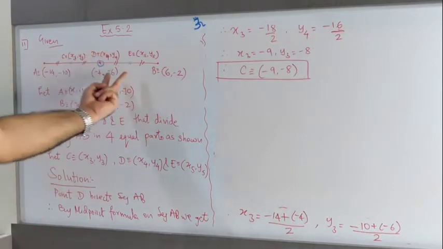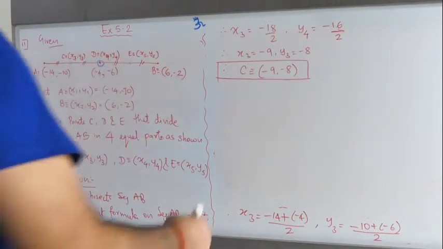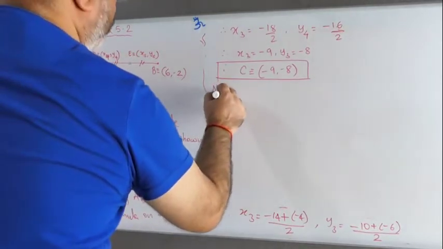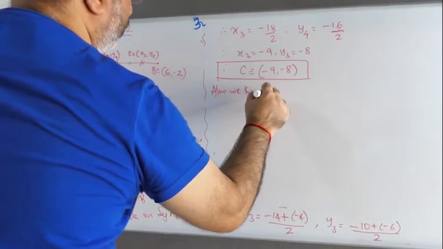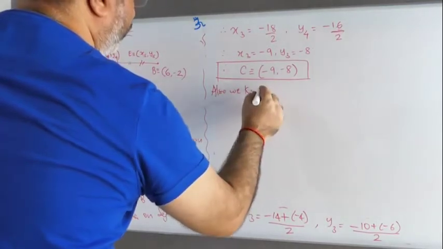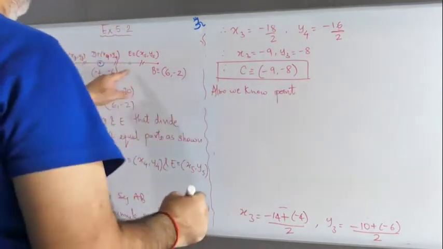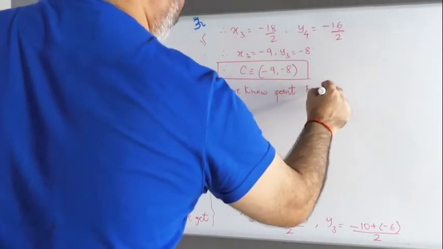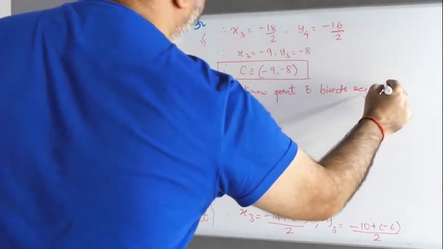Now the same logic you will apply to DB. Okay? And what will you say? You will say also we know point E bisects segment DB.